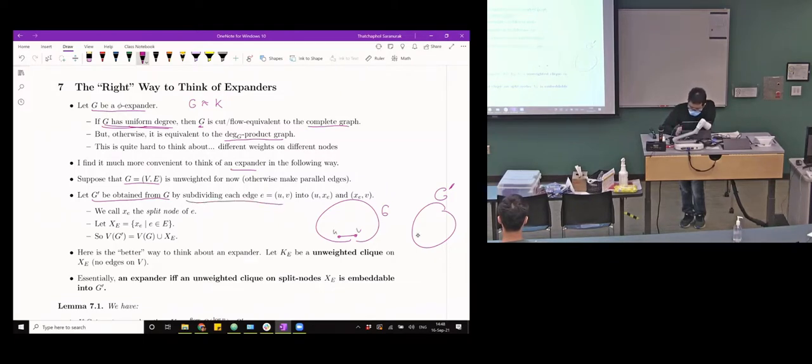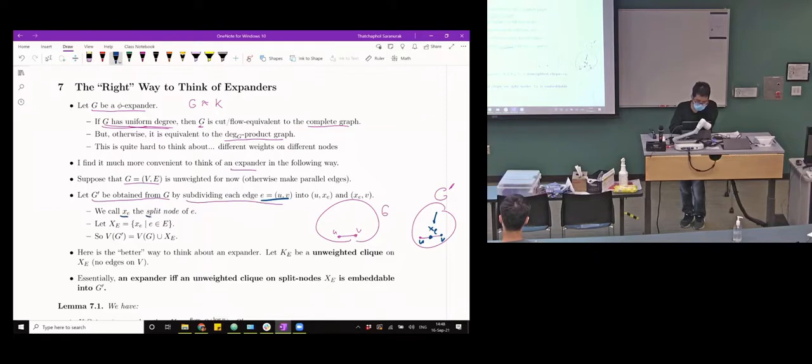You just add another node, call it XE. So this edge E is subdivided, and you call this guy a split node. Every edge you add a node.